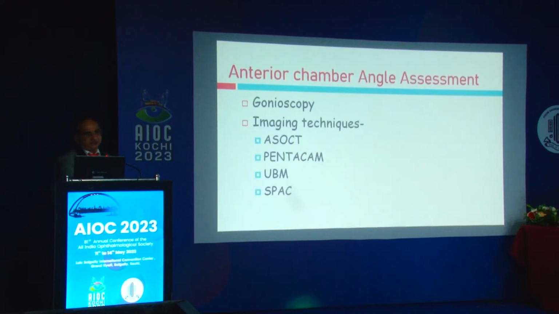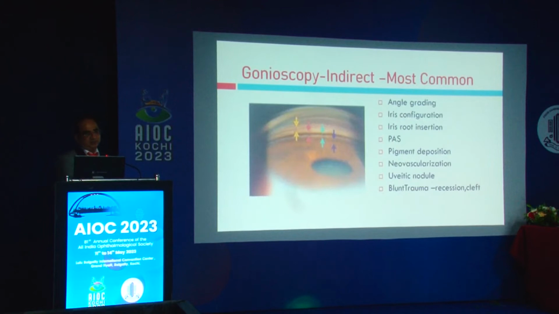Next comes anterior chamber angle assessment: gonioscopy and lots of other imaging techniques. First take gonioscopy; indirect is the most common. It will give us the angle measurement, grading, iris configuration and roots, and any deposits, synechiae, pigments, new vessels, or nodules.